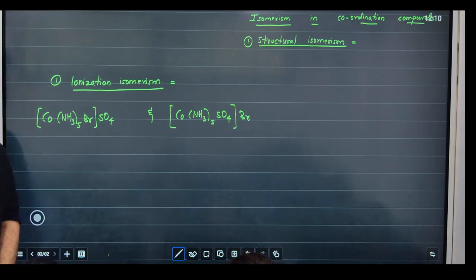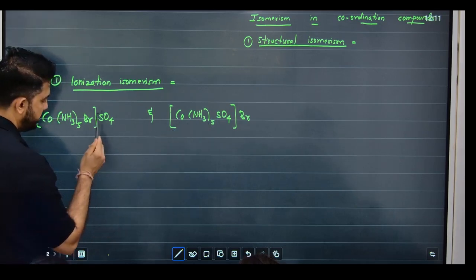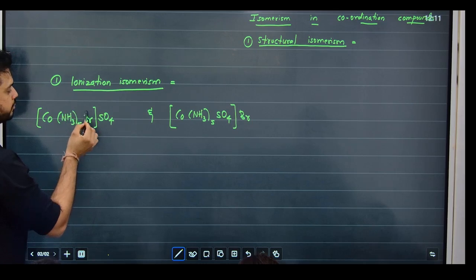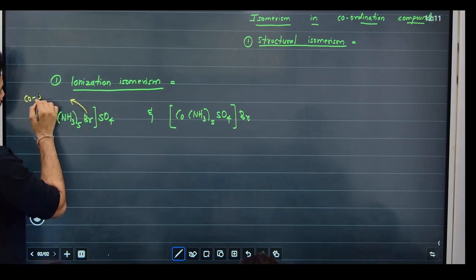Chalo. Now, if you look at this example, people, board pe, so I have [Co(NH3)5Br]SO4 and the same over here, but people, Br here is part of the complex, so it's part of the coordination sphere.